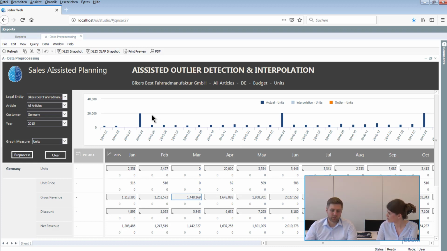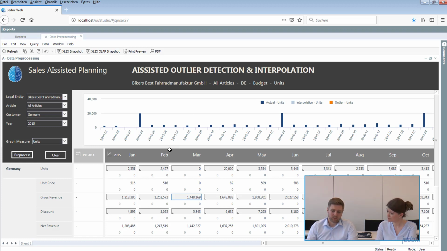And this will also have a bad effect on forecasting, because if I have a very high value here, then maybe it's also in the next year, so I will forecast this value too. But this is just someone typed in something wrong. But maybe it's meant to be like this. So maybe in April we always have a lot of units sold. It's also possible. So we will not know. But our algorithm will find out.